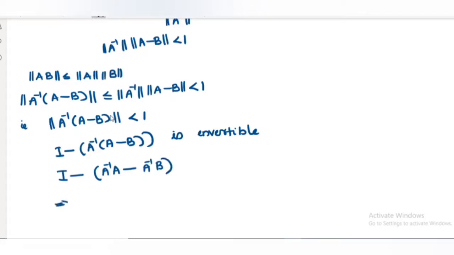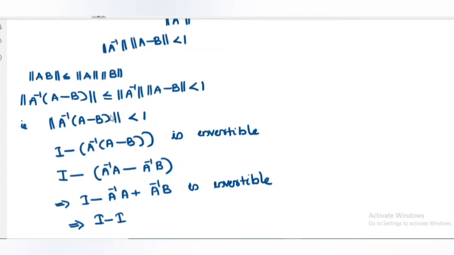This implies I minus A inverse A plus A inverse B is invertible. This implies I minus I plus A inverse B is invertible, and this implies A inverse B is invertible.